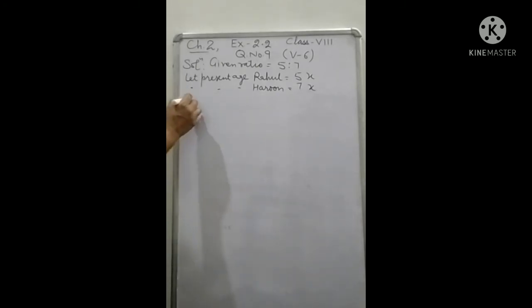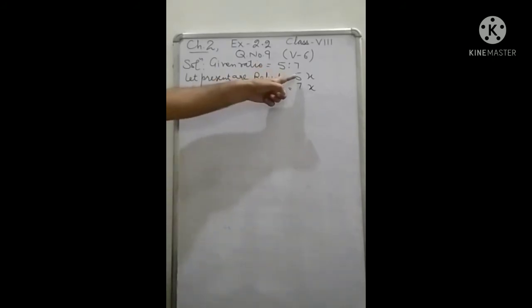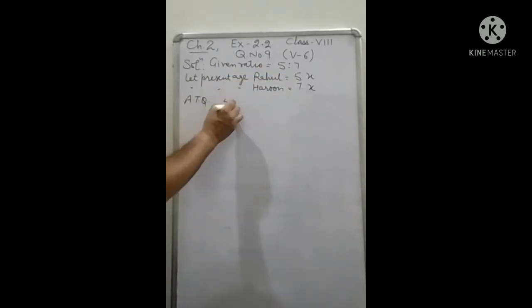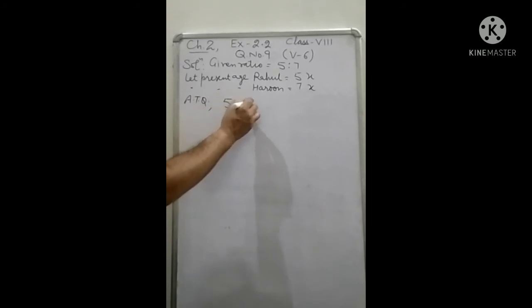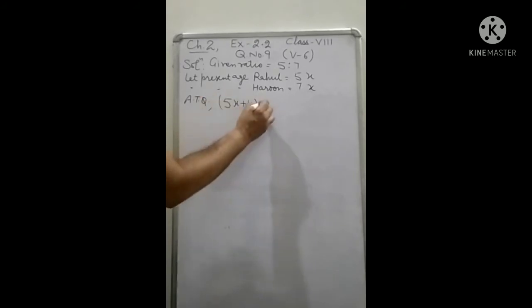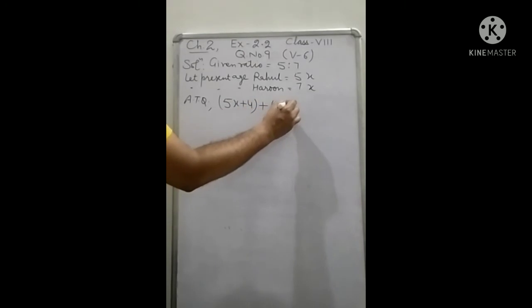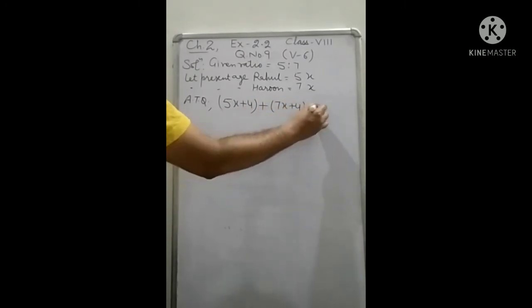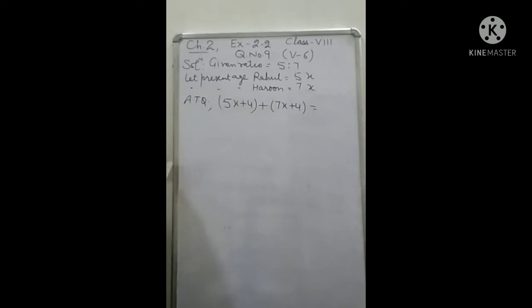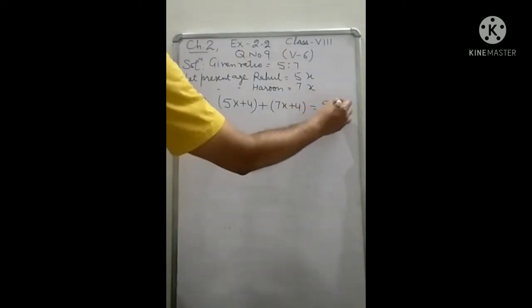So the age of Rahul after 4 years will be 5x plus 4, and we add the age of Harun after 4 years, which is 7x plus 4, and the sum will be 56.